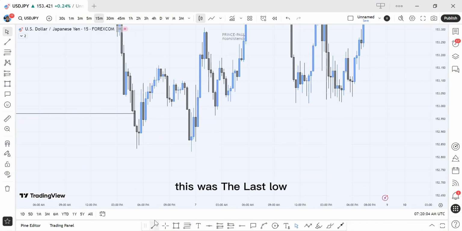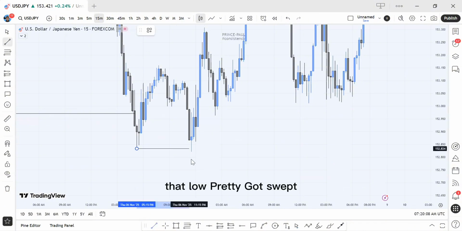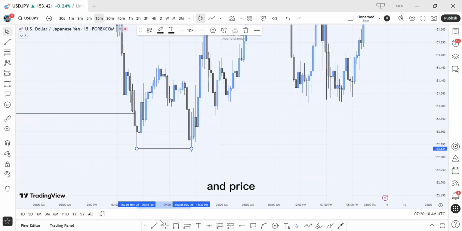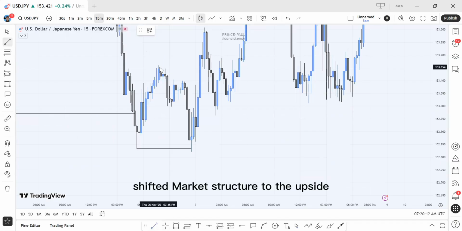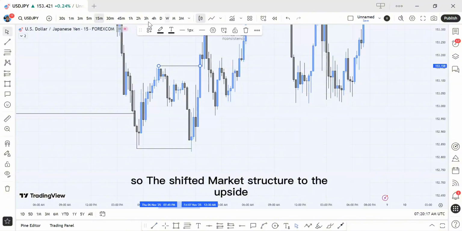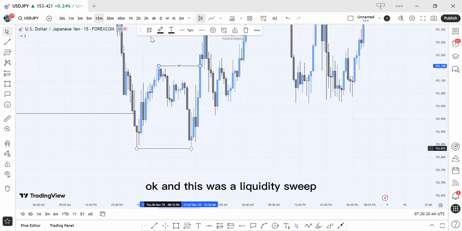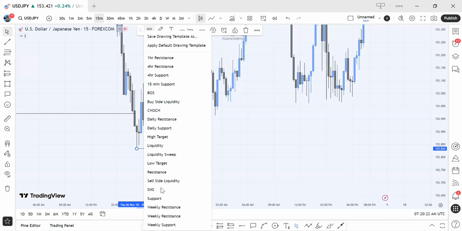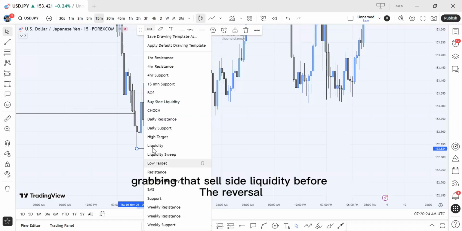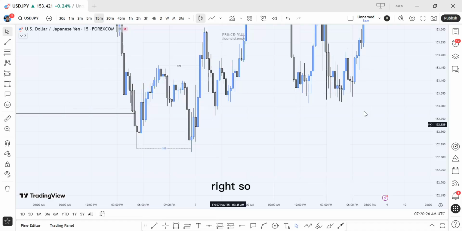This was the last low, and that low got swept, and price shifted market structure to the upside. So the shift of market structure to the upside, and this was a liquidity sweep, grabbing that sell side liquidity before the reversal, right?